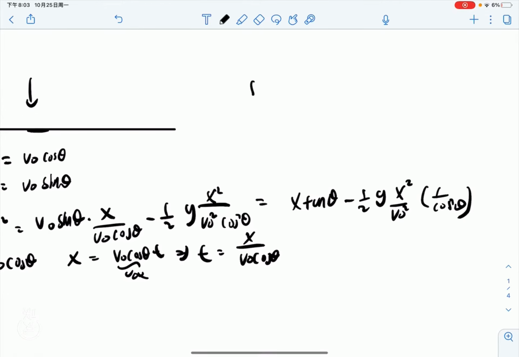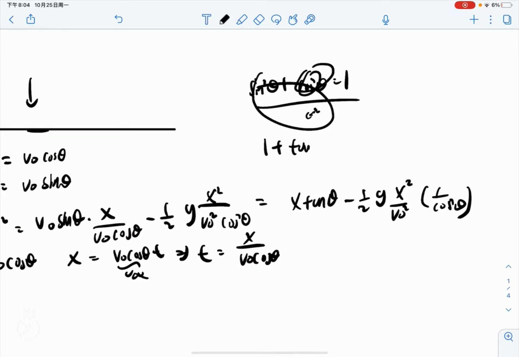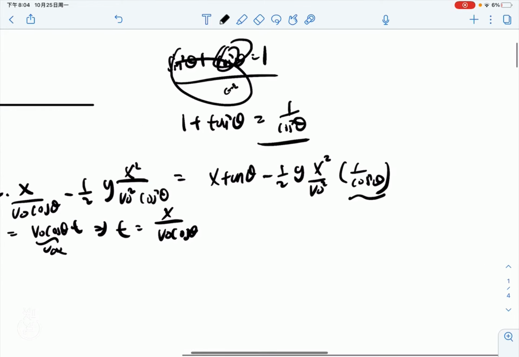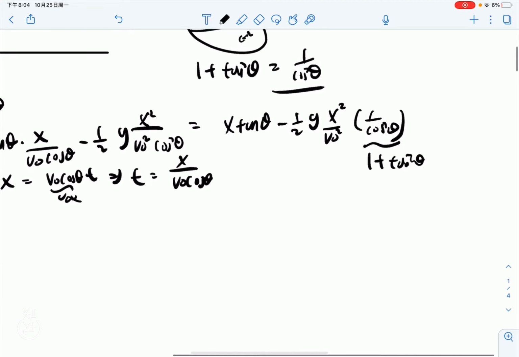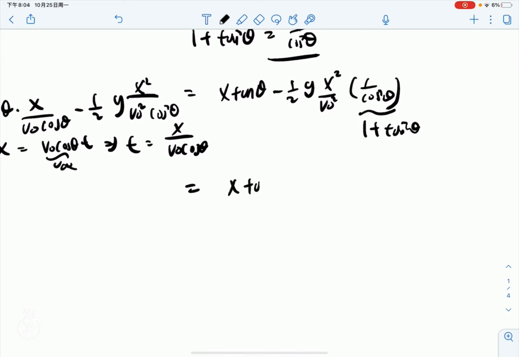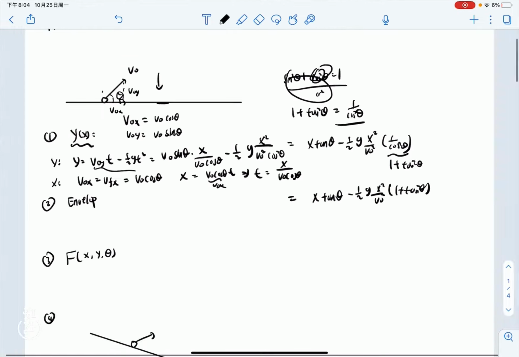Because we know that sine squared plus cosine squared is equal to 1, if we divide both sides by cosine squared, we get 1 plus tangent squared is equal to 1 over cosine squared. So this term is going to be y equals x tangent theta minus 1/2 g x squared over v0 squared times 1 plus tangent squared theta.